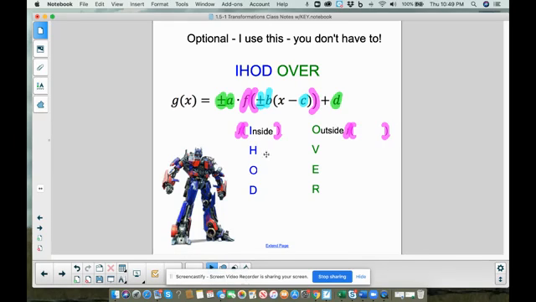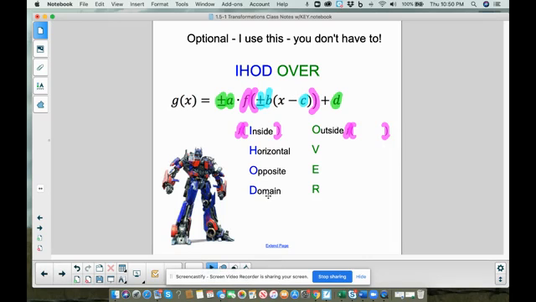Inside is going to give you a horizontal change. And the weird thing about the horizontal changes is they often have the opposite effect of what you think. Like x minus c is going to move it to the right, like adding numbers to something, not moving it to the left. And they could change the domain of your function.